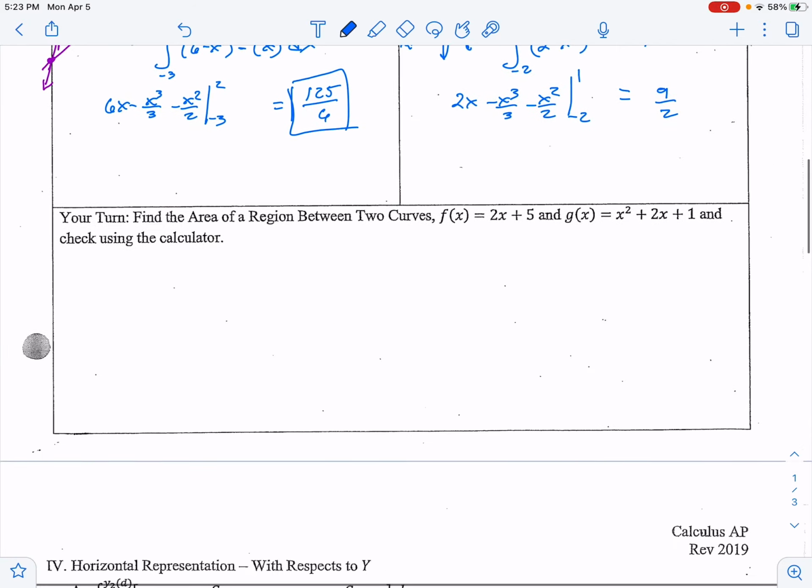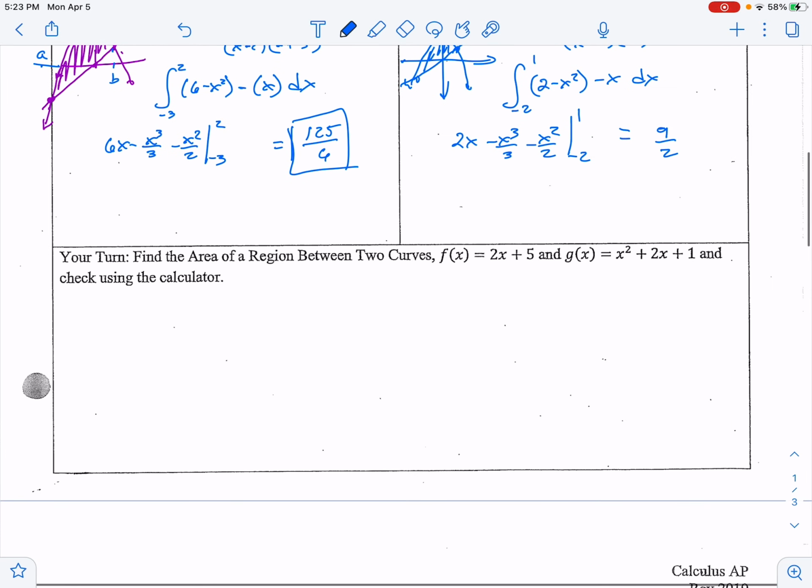This one gives you a little bit of a challenge because you've got to figure out which equation's on top and which one's on the bottom. Okay? This is a parabola. If I plug in 0, it's crossing at 1, right? If I plug in 1, what happens if I plug in -1? You get 1 minus 2 is -1 plus 1 is 0.